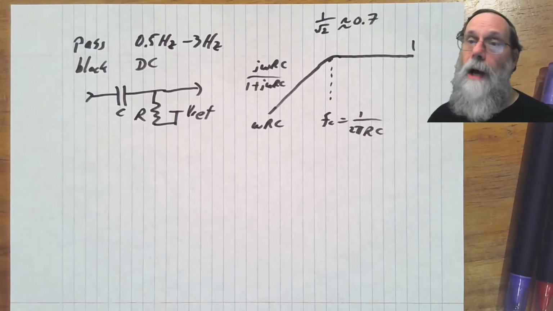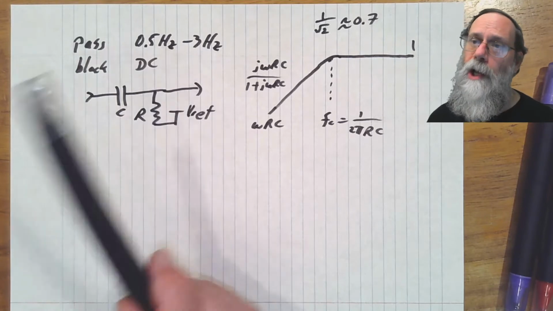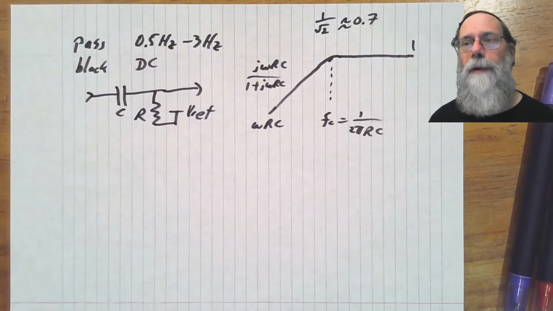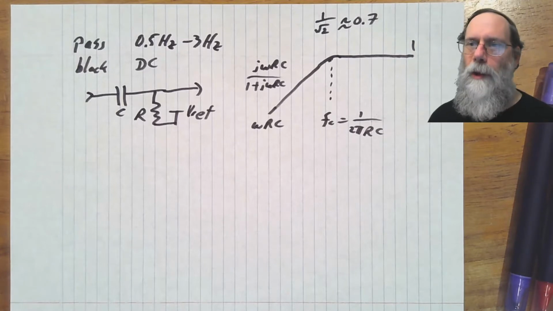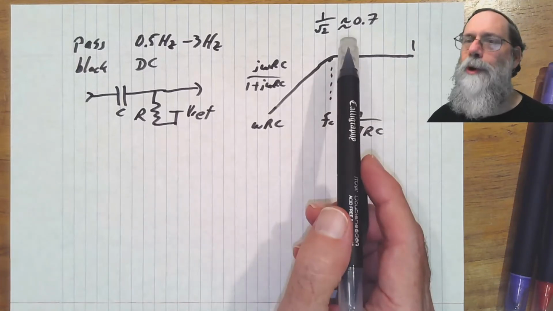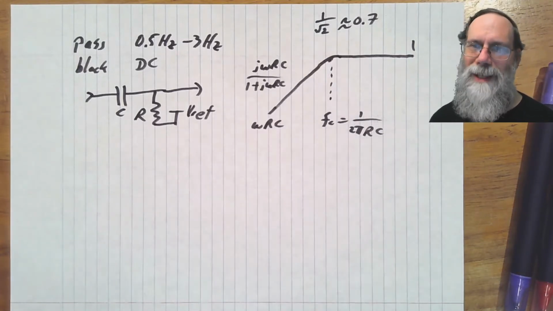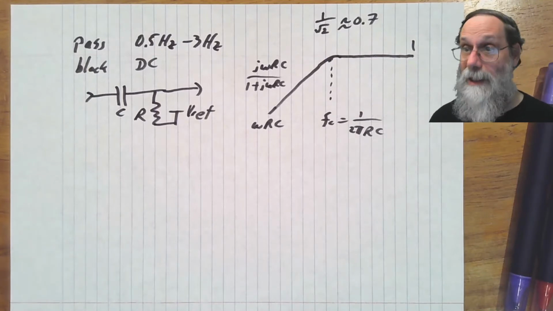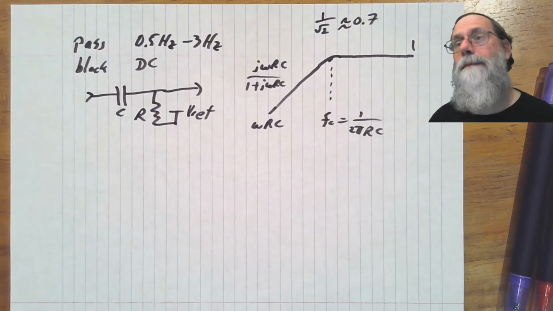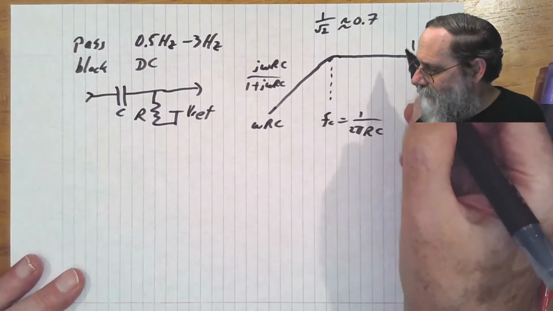If somebody just says, I want to pass 0.5 hertz to 3 hertz, usually, if they're an engineer, what they mean is that they're willing to go up to this 30% attenuation in that range. Not always. Sometimes they say, I want it flat in the pass band, and then you need to be higher frequency.